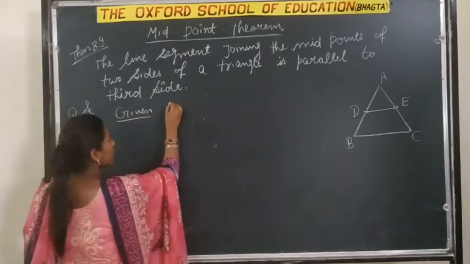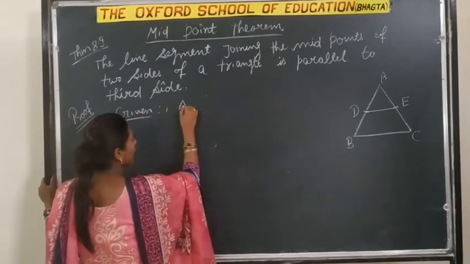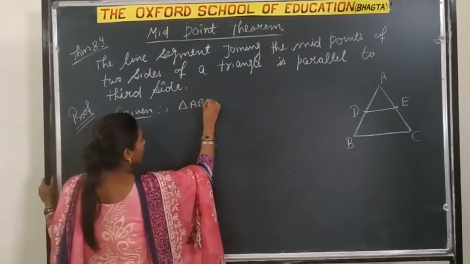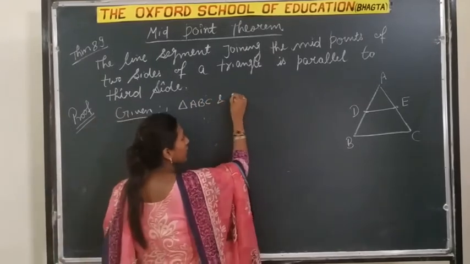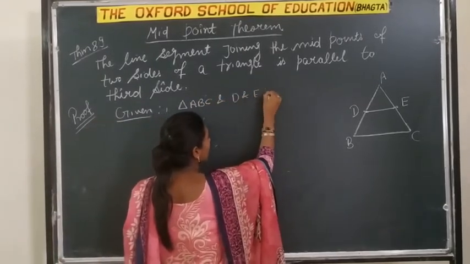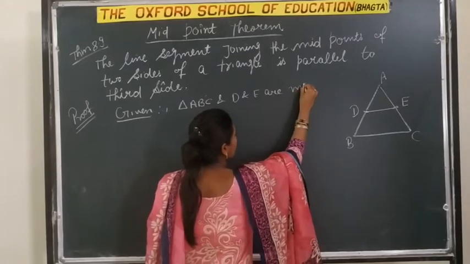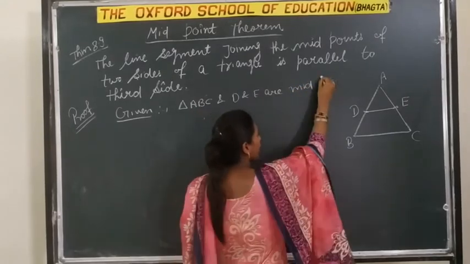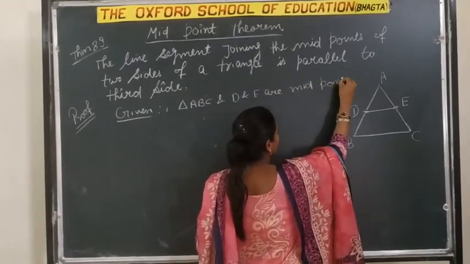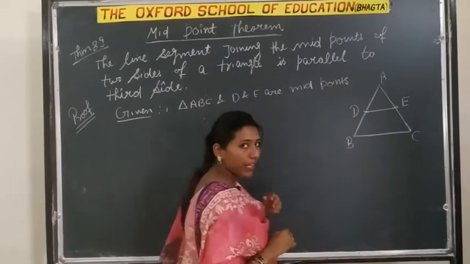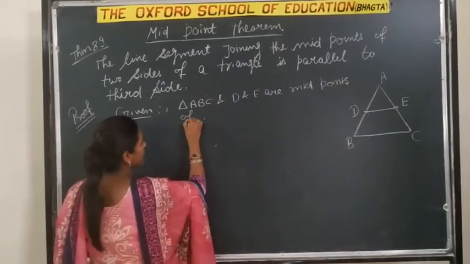We are given triangle ABC, and D and E are midpoints of AB and AC respectively. D is the midpoint of AB and E is the midpoint of AC.